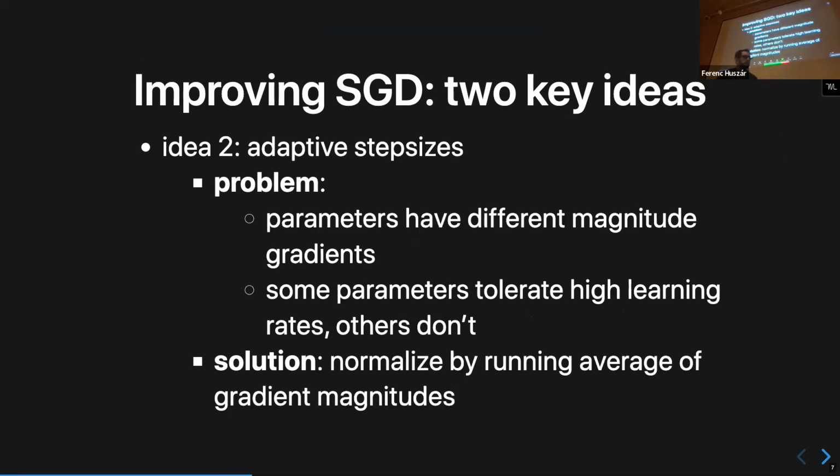The second idea for SGD and non-convex optimization in general is adaptive step sizes, or adaptive learning rates. To motivate why this is a problem, in a neural network there's this weird mapping between the parameters of your neural network, these W's and B's in the expression, and the actual function that the neural network implements, which is the input-output relationship of the neural network.